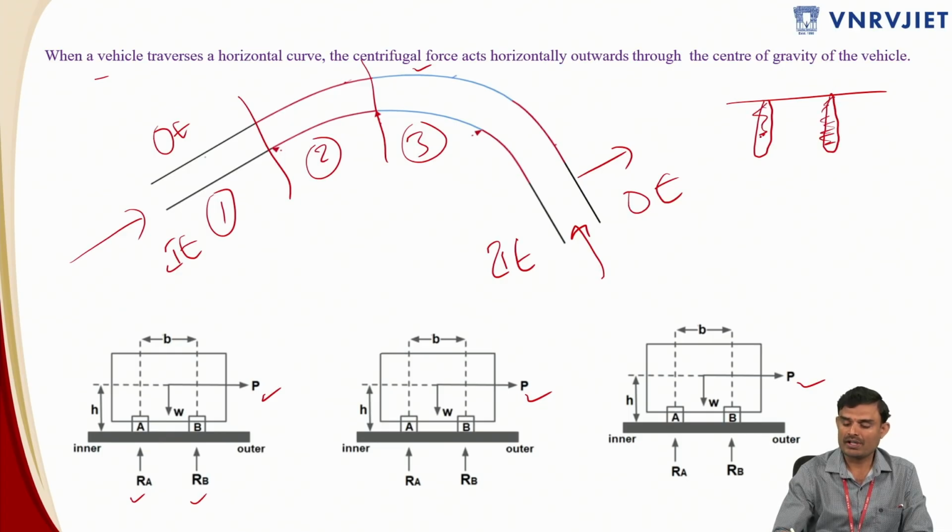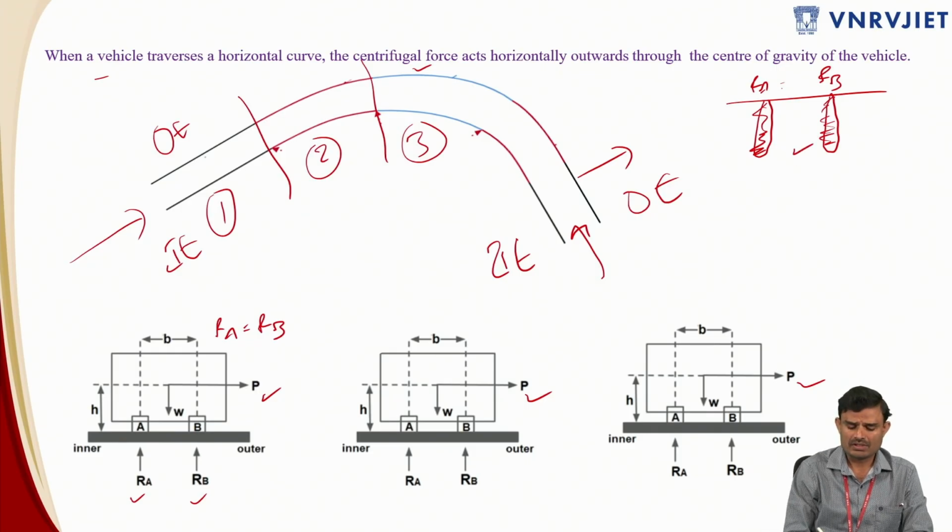Approximately RA is equal to RB in this condition. It means the pressure distribution will be equal. In the straight portion you are going to have RA equal to RB, which means the pressure bulbs will be equal under both the tires.